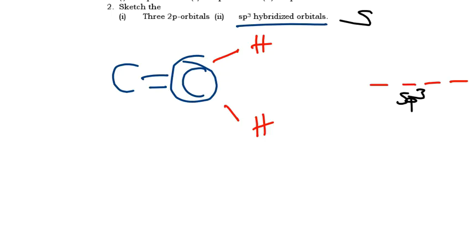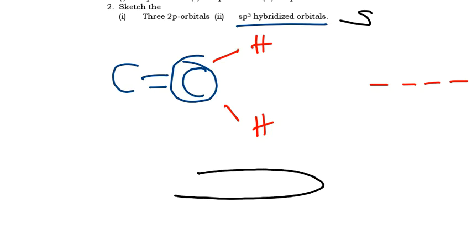Okay, so it's going to be an overlap between an sp3 hybridized orbital and an s orbital. So this is where you find something like this. And I would have to draw it in a better way.